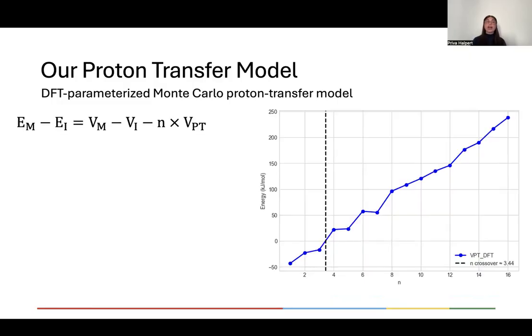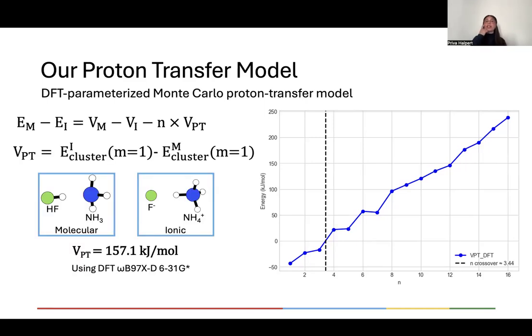To do this, we calculate the difference in energy between the molecular and the ionic pair, and this requires a parameterization from a quantum calculation. So we do a DFT calculation of the M equals 1 cluster. And by M equals 1, I mean the cluster consisting of one ammonia and one hydrogen fluoride for the molecular conformation, or one ammonium, one fluoride for the ionic conformation.